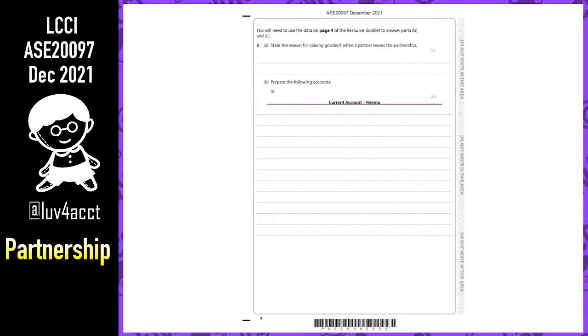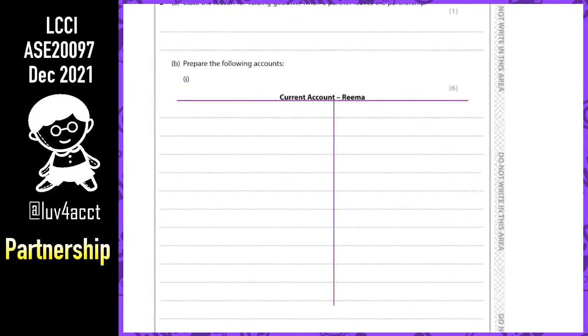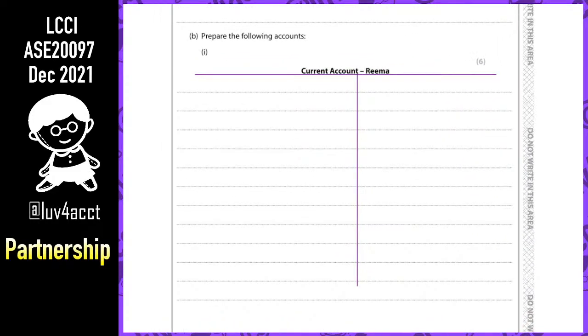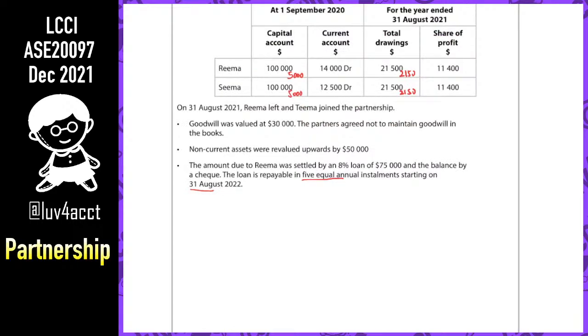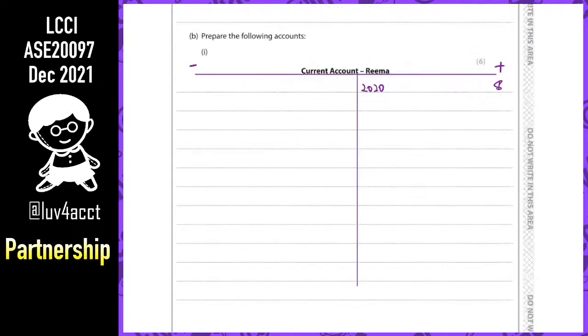Current account of Rema. Current account is capital in nature, so additions go on the credit side, reductions on the debit side. Year 2020 opening balance. Is she having a debit balance? Current account, you can see we have a debit current account, so negative.